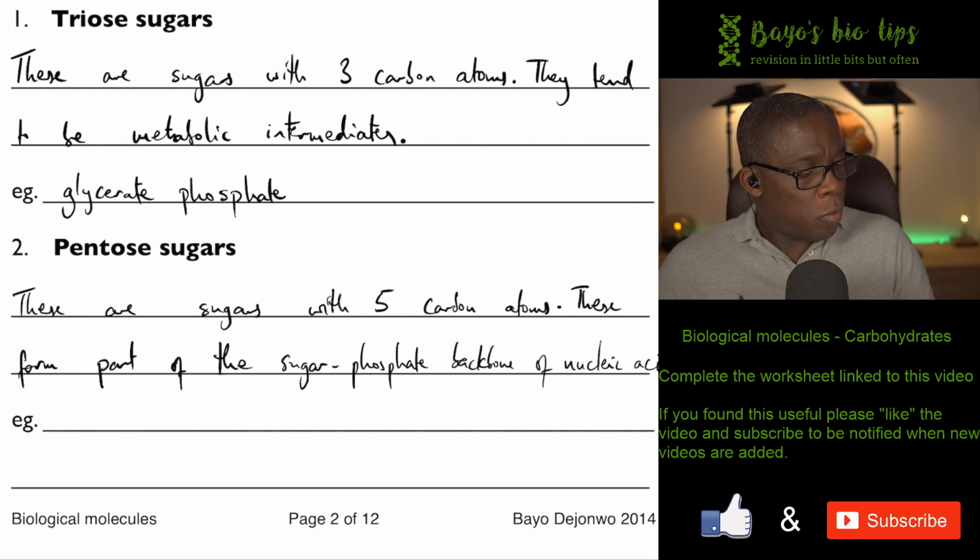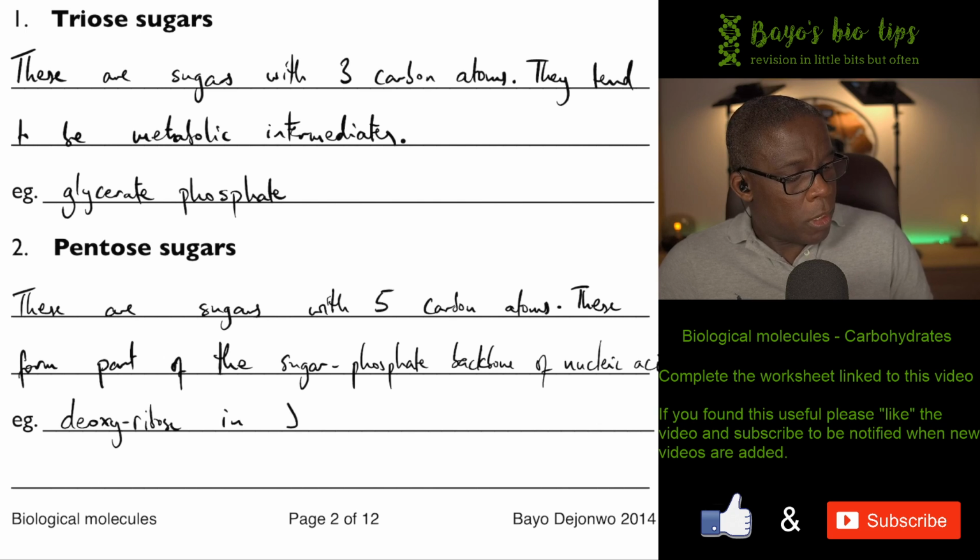There are 2 main ones you'll need to know, and they are deoxyribose in DNA and ribose in RNA.